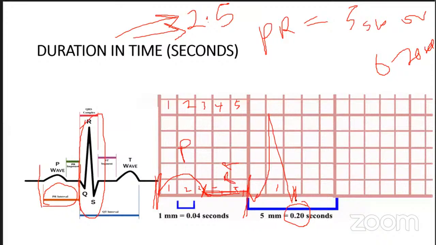Again, remember, if the impulse is coming from the normal conduction pathway, the normal electrical wiring of the heart, the QRS complex will be narrow. But if the impulse is coming from somewhere other than the normal conduction pathway, or maybe from an ectopic focus within the ventricles, our QRS complex is going to be what? Wide. It's going to be more than 3 small boxes.